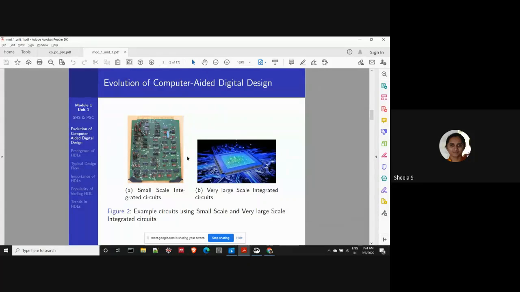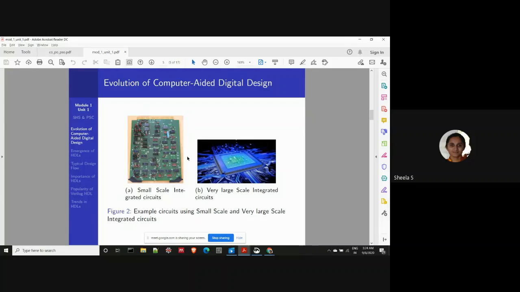So how to obtain that? What we did is, initially with a smaller gate count, the ICs were built. Later, as the technology improves, the number of gates in the same area of the IC was increased.